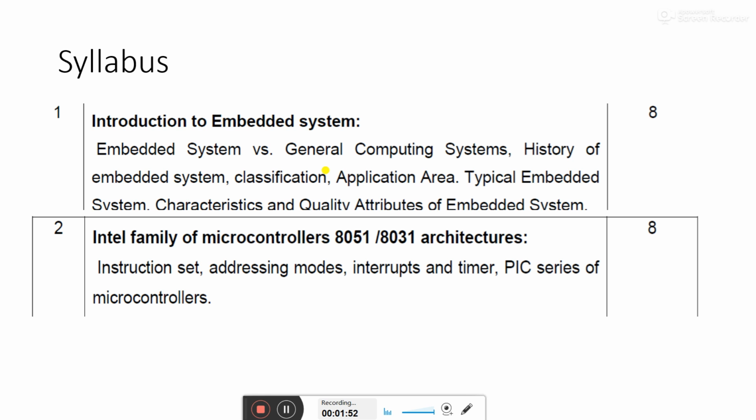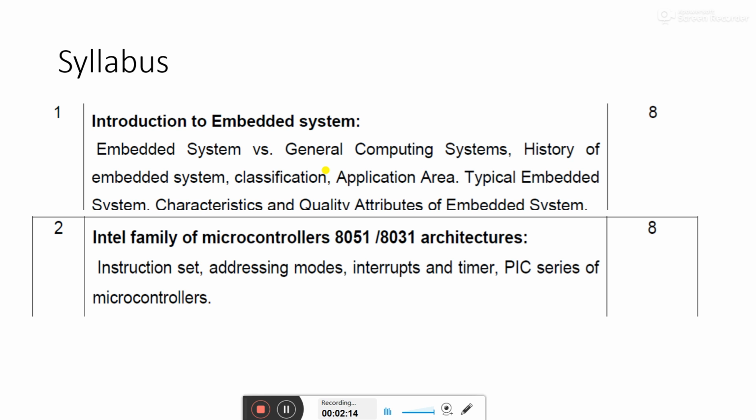Characteristics and quality attributes of an embedded system mean how you will find whether a system is an embedded system or not, what the characteristics of an embedded system are. So we will learn this in unit 1, the introduction to embedded system.